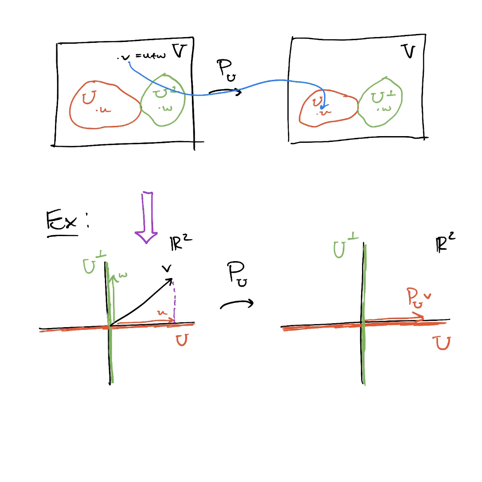That shadow, that is the output. And that's why they call it a projection. It's as if you shine a flashlight on V directly perpendicular to the red space and just take the shadow as the output.